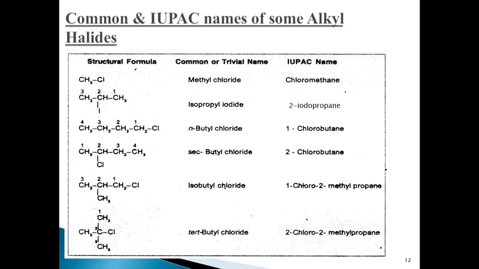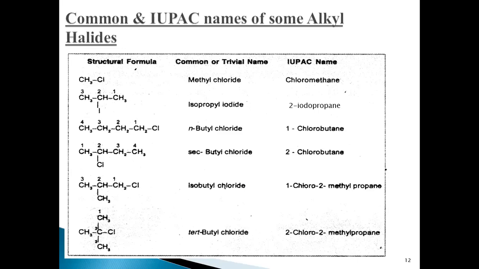Now, see some other examples. Here you can see in this slide the common and IUPAC names of some alkyl halides. First is CH3Cl. Here is only one carbon. Therefore, the name of this compound is chloromethane and the common name is methyl chloride. Come to the second example. How many carbons are here? 3.